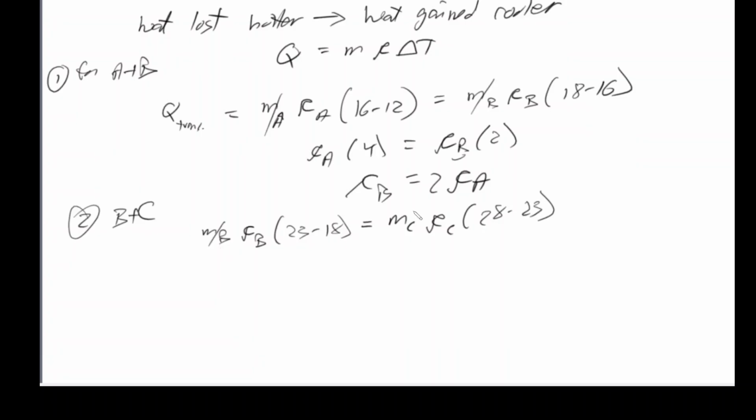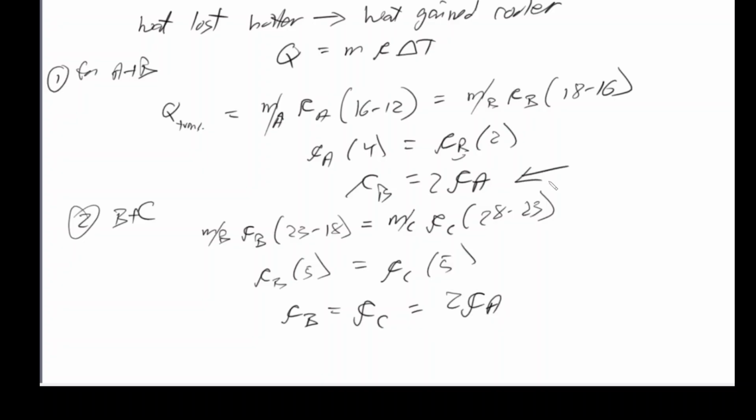Again, the masses are equal, so we get specific heat of B times 5 is equal to specific heat of C times 5, or specific heat of B is equal to the specific heat of C, which is equal to 2 times the specific heat of A. Of course, we found that up here.